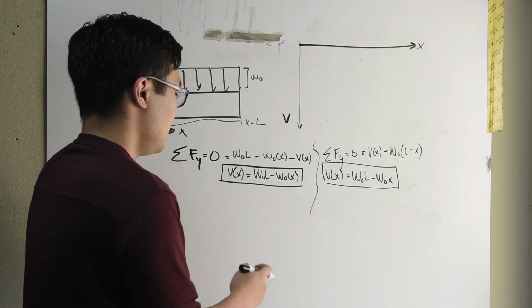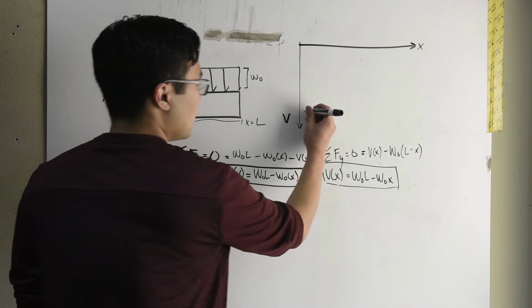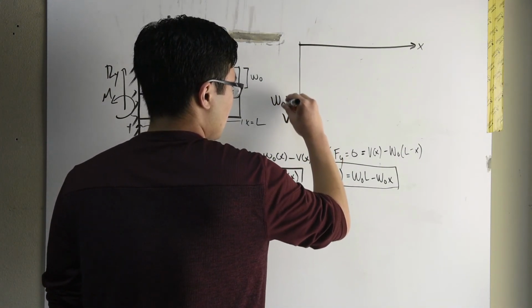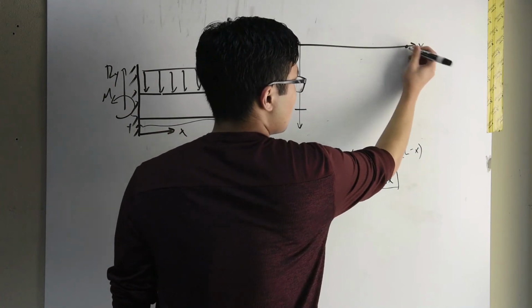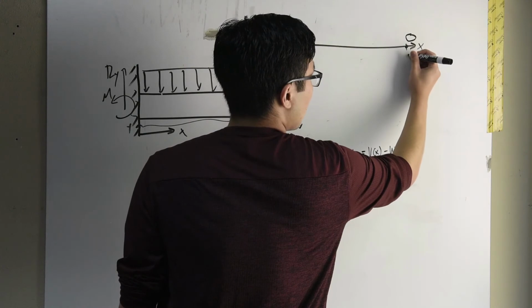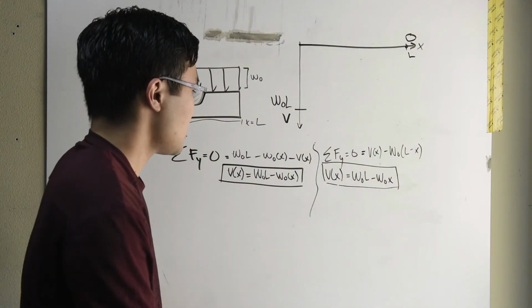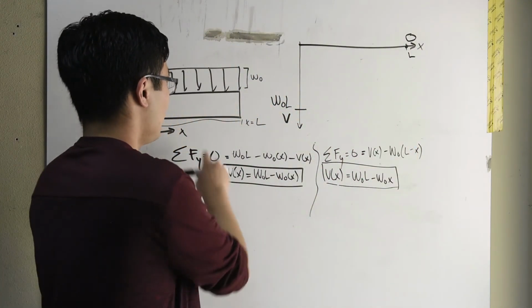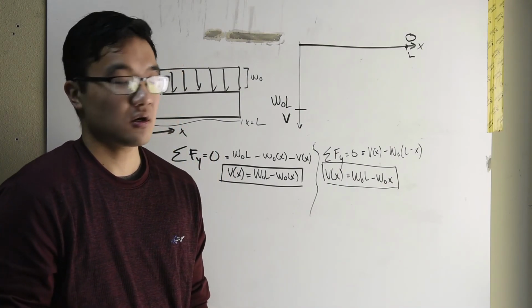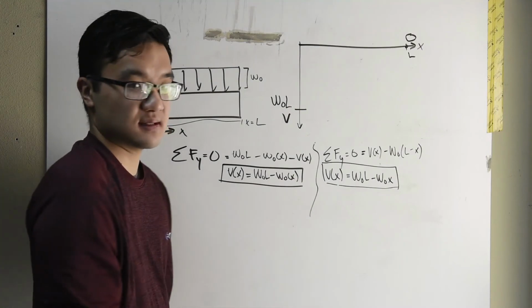So what do we have? We have W naught L at the wall. So when x is equal to 0, we're at W naught L. When x is equal to L, we're at 0. Now what's our curve look like? Well, we have a rectangular distribution, and that causes a linear curve. As you can see, W naught x is linear.